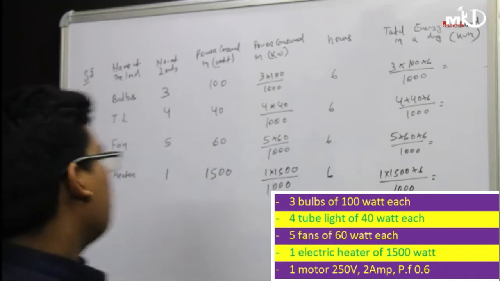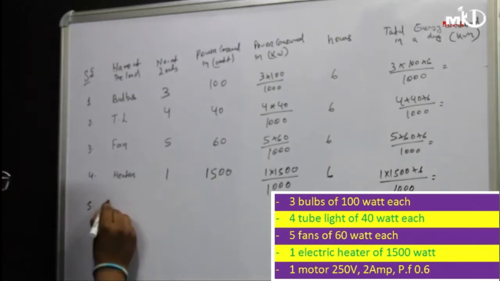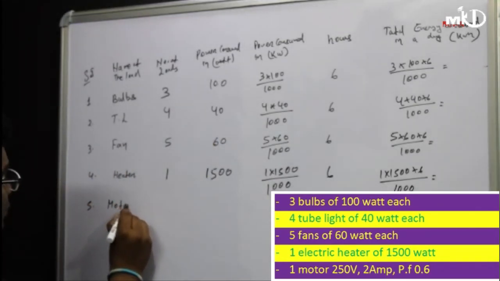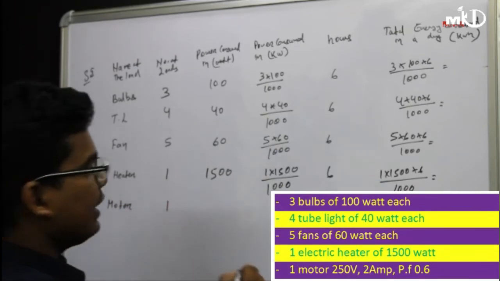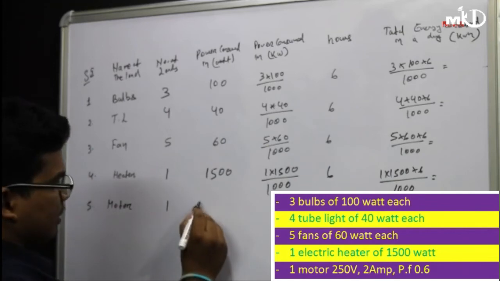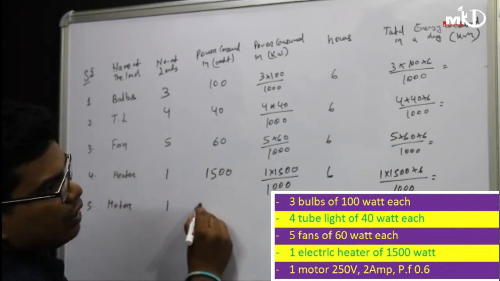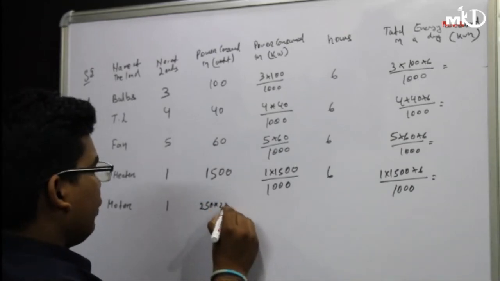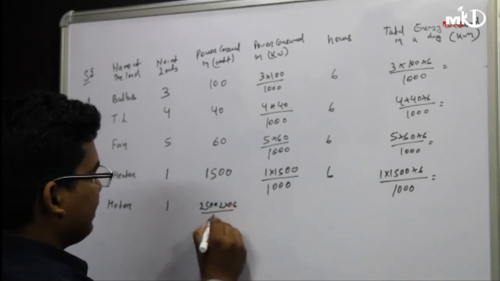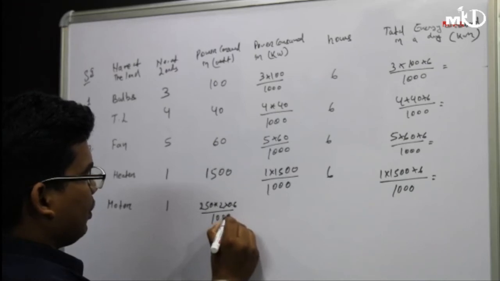The last one is motor. Number of motor is 1. Power rating is previously calculated: 250 into 2 into 0.6 divided by 1000.